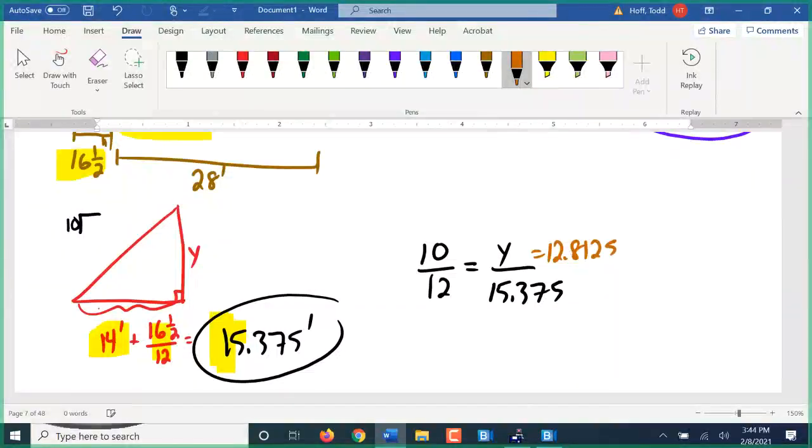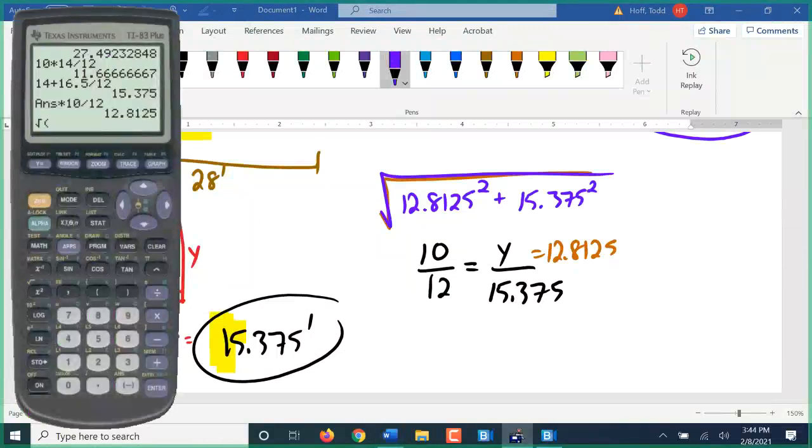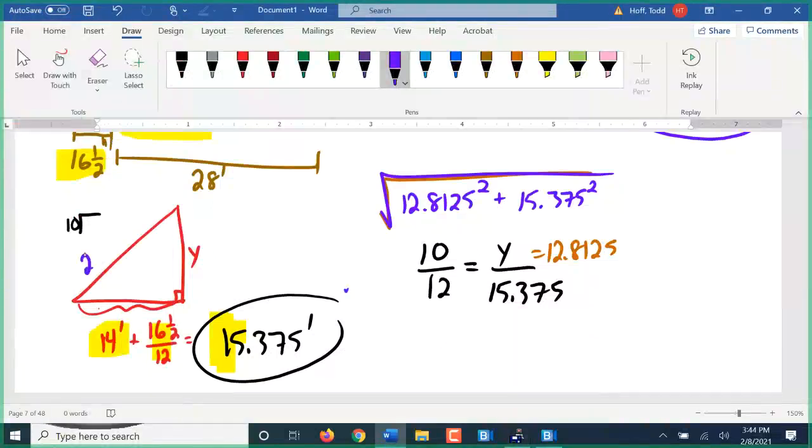How do we find our top chord length now? Pythagorean theorem: the square root of 12.8125 squared plus 15.375 squared. We square root the result, and get 20.014 feet.